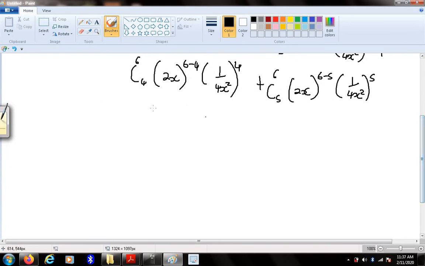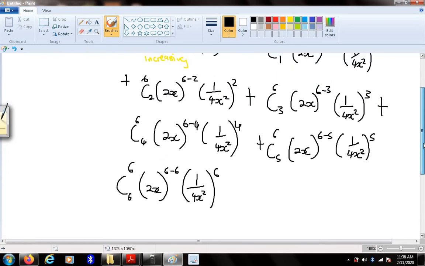And then after that you do 6 choose 6, which is the last one, (2x) to the power of 6 minus 6, and then (1/(4x^2)) to the power of 6. Okay, so that's how it works there.